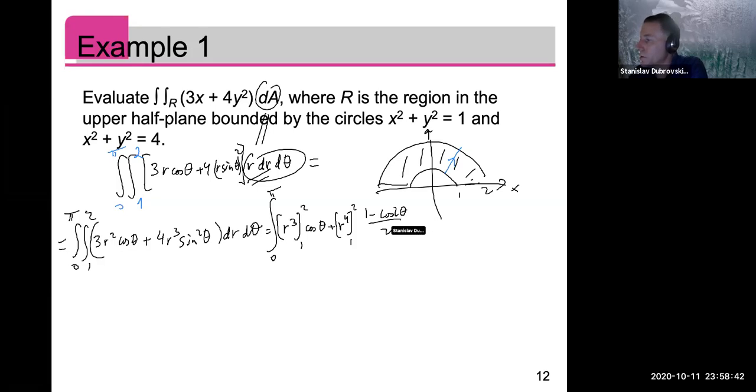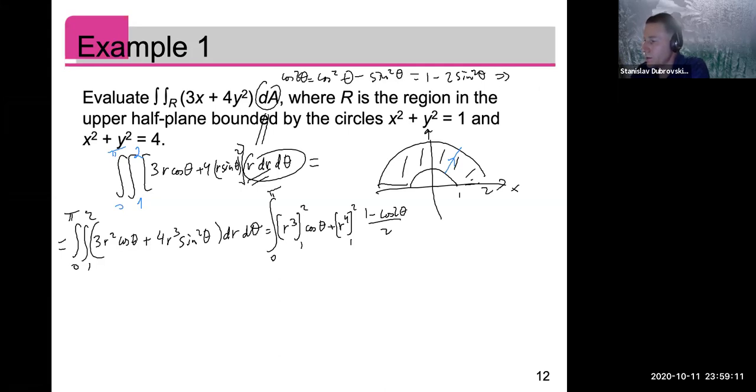So I will remind myself that cosine squared theta minus sine squared theta is cosine of the double argument. So if I'm interested in sine squared, I will convert everything to sine squared: 1 minus 2 sine squared theta. So indeed, I will get this formula. Sine squared is 1 minus cosine 2 theta over 2. Good.